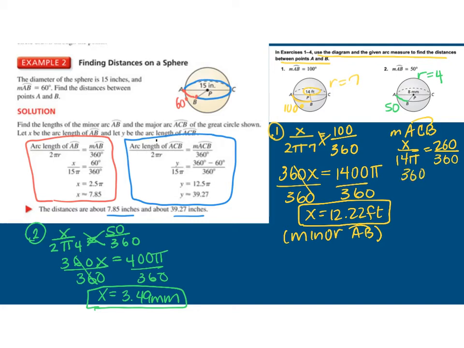We'll cross multiply. Okay, and then we'll divide both sides by 360.